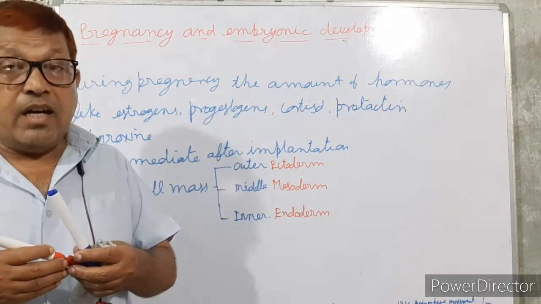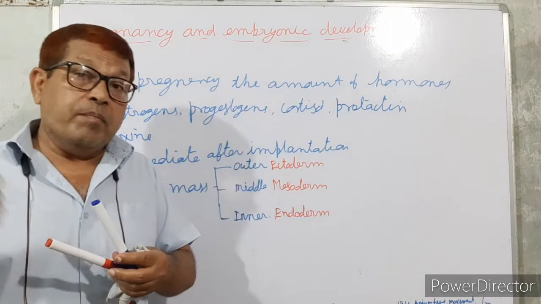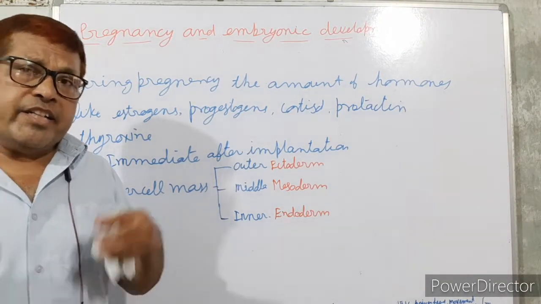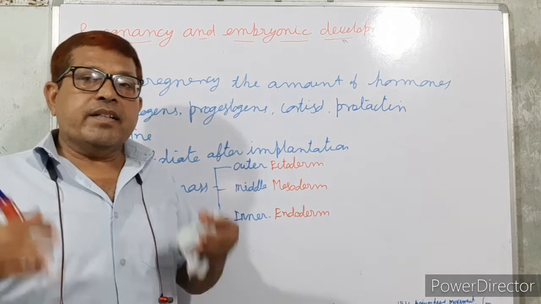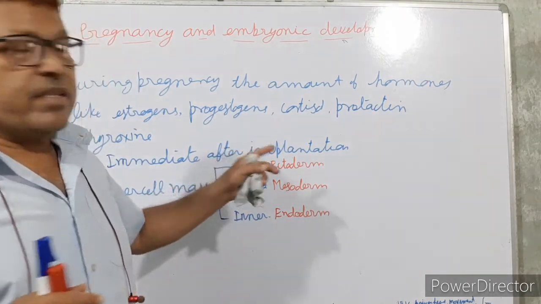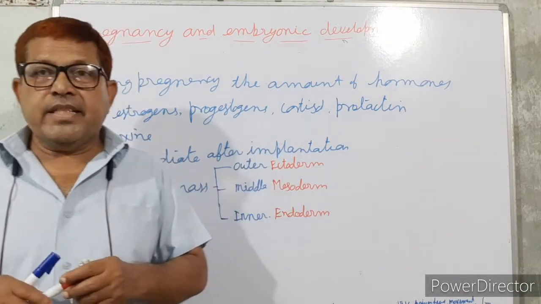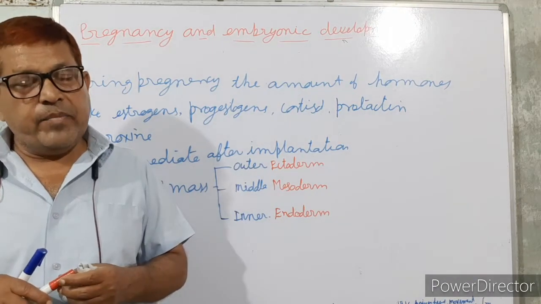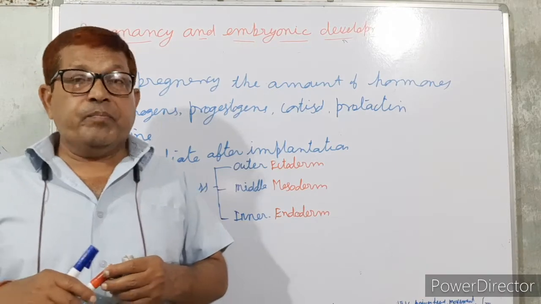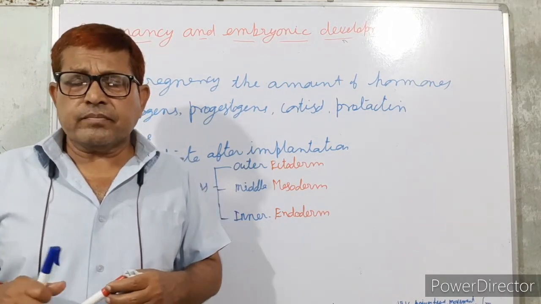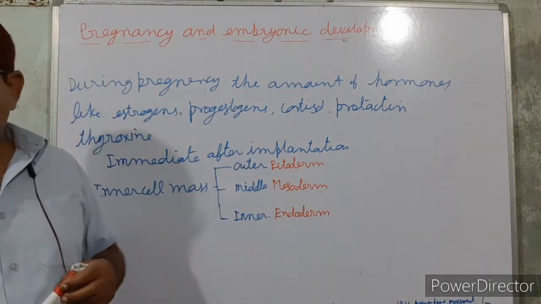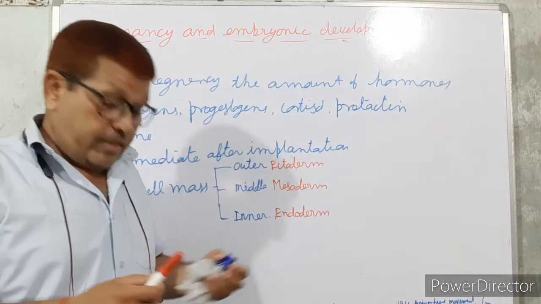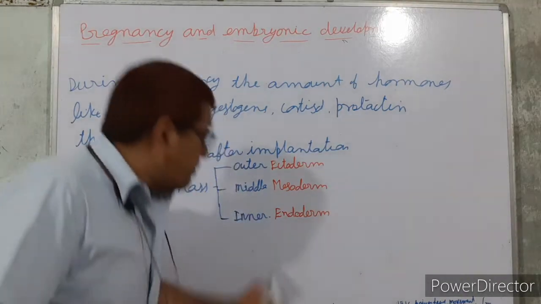All the body parts, the tissues, the organs, develop from these layers, from ectoderm, endoderm, and mesoderm. Different parts of the body develop from these structures.